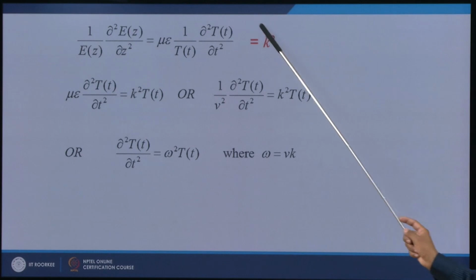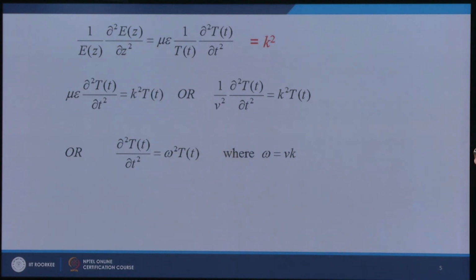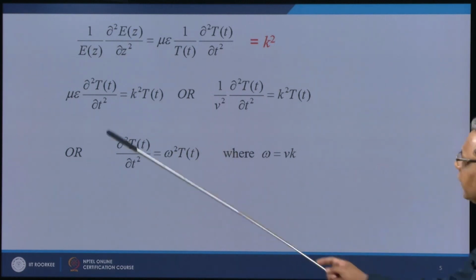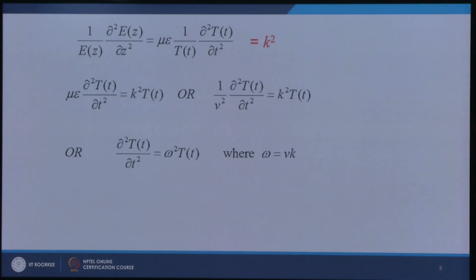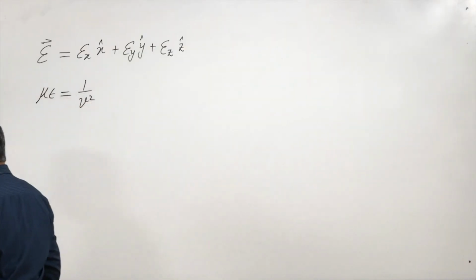Let us now first solve the t part. So, if I take this t part, then it is mu epsilon del 2 T over del t square is equal to k square T, and let me write this mu epsilon as 1 over v square. Mu epsilon is equal to 1 over v square. Why am I doing this?